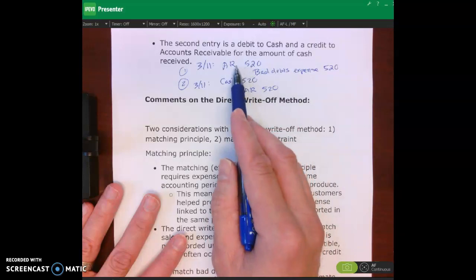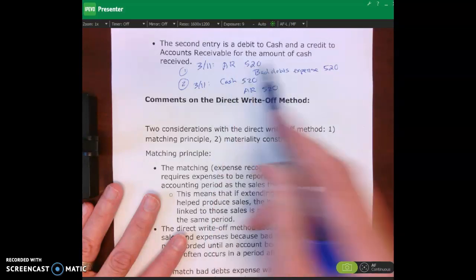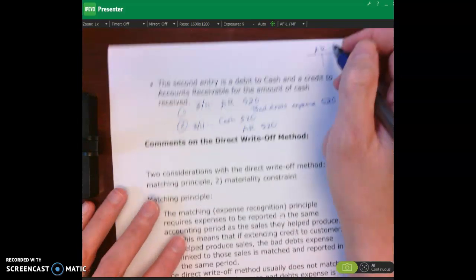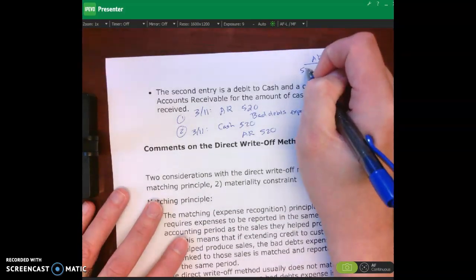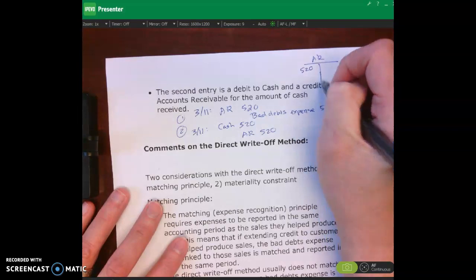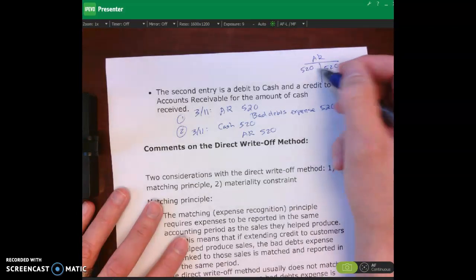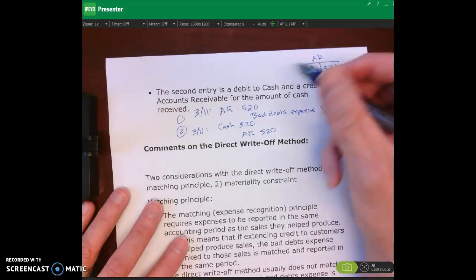Because if you think about it with accounts receivable, when I made the sale, I debited accounts receivable for $520. And then when I wrote it off, remember, I debited bad debts expense and I credited accounts receivable. So what's the balance for J. Kent? It's zero.